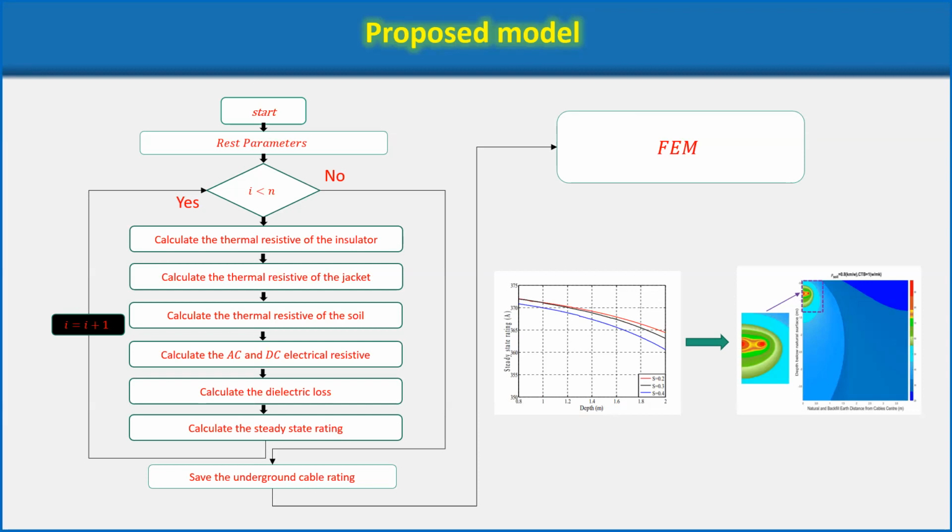Regarding the curves, on the left side we see the mathematical model's proposed calculation, and on the right side is the finite element method others developed. The finite element method shows the heat distribution around the cables.